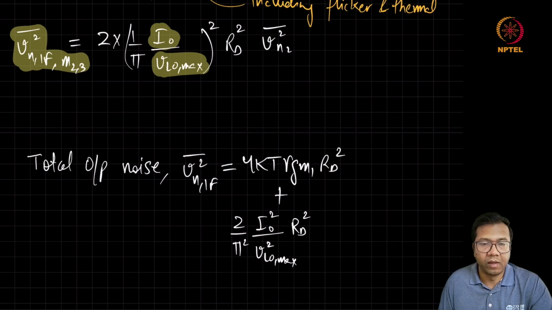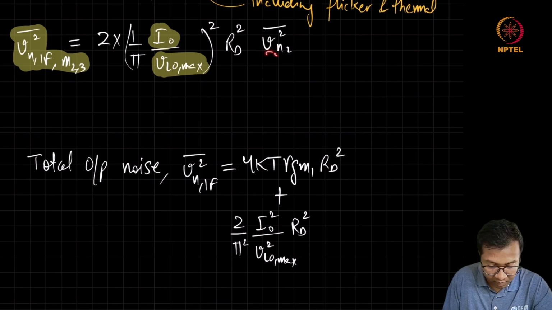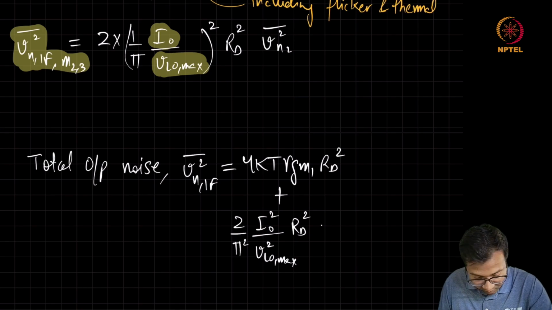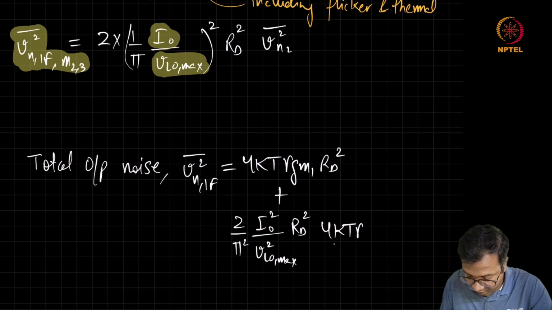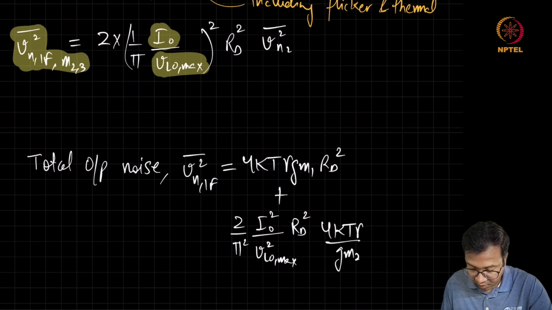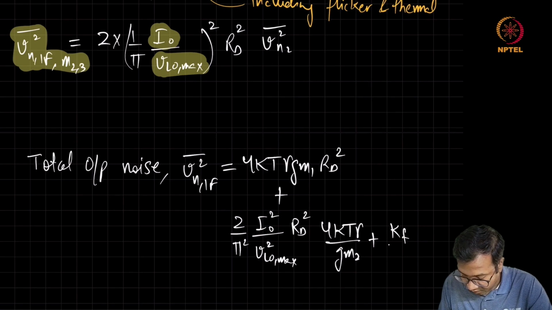And here we are talking about the input referred or gate referred noise of M2 or M3. So it is going to be 4kT gamma by GM2 plus the flicker noise, which is going to be KF divided by WL Cox, either 2 or 3.